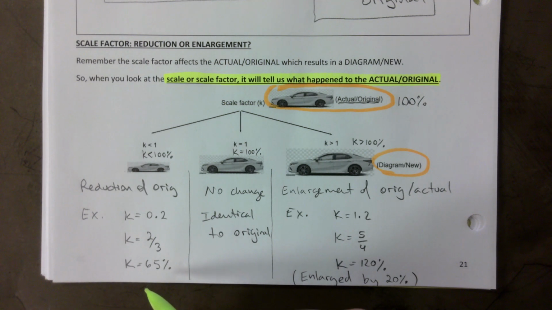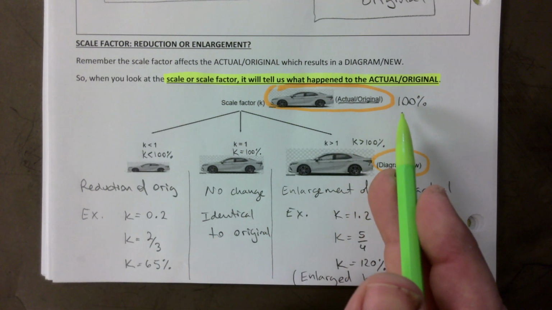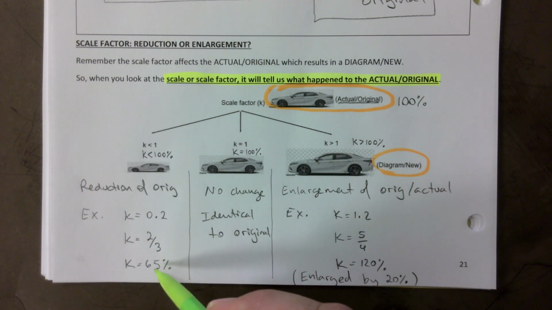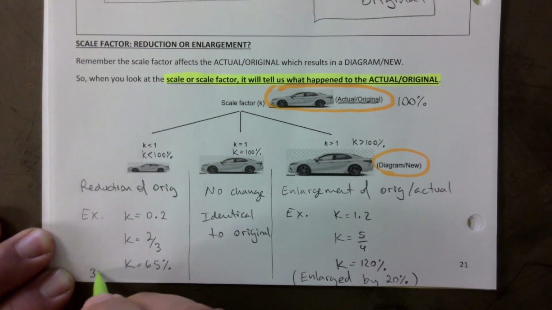You good? I need to make sure you understand the concept before I dive into the math, right? If you go from 100 to 65, how much of a reduction happened there? How much have you lost? 35, yeah. I always have problems with that. So it's 35% reduction.